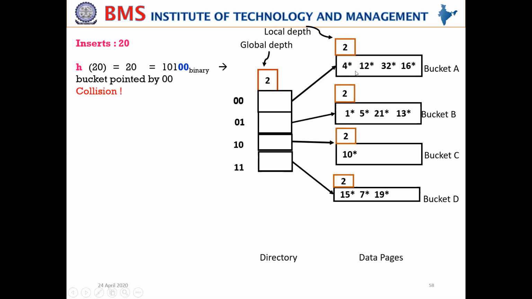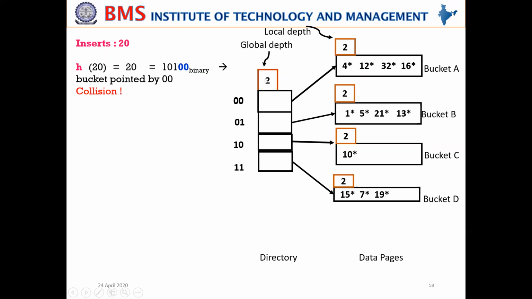Whenever a collision is happening, I need to split this particular bucket A. Before I split it, I need to check whether the local depth of the bucket is equal to the global depth, and it is causing an overflow in this bucket.